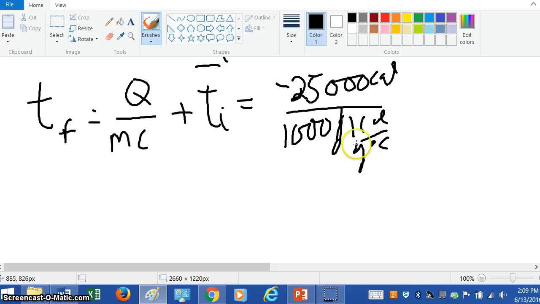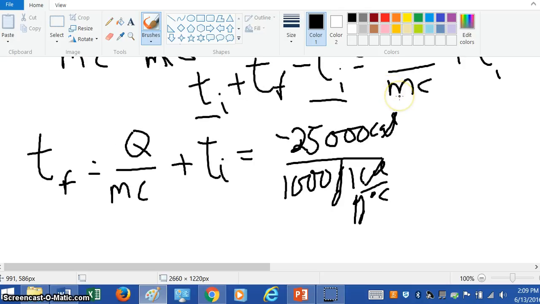And notice the grams are canceling, the calories are canceling, and then we're going to have plus our T initial, which, our initial temperature, I believe, was 50 degrees Celsius. Oops, that's supposed to be degrees Celsius. All right, so we can put this in our calculator. I mean, you can almost see the answer, but just to make sure that we're correct, we'll put all this in our calculator.